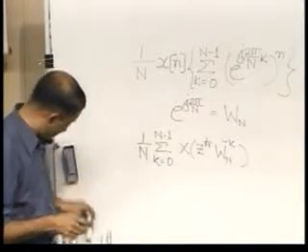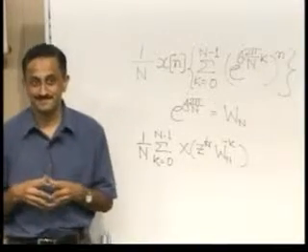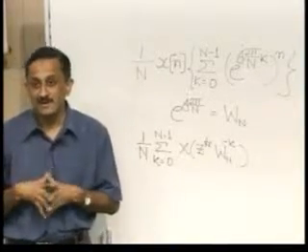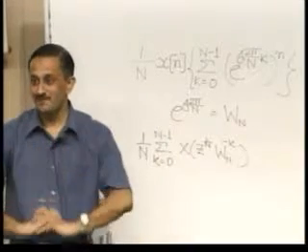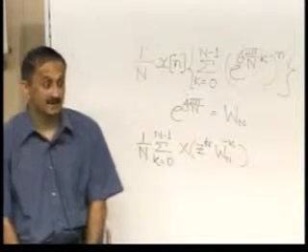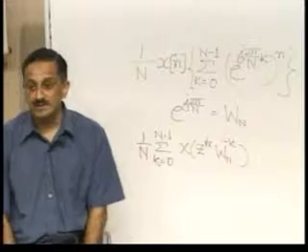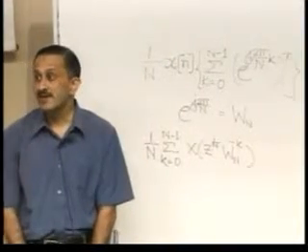So much for the important properties of the Laplace transform and the Z transform. We have been looking at a special class of Laplace transforms and Z transforms, namely the class of rational Laplace transforms and rational Z transforms. What we mean by rational is that they are a ratio of polynomials.